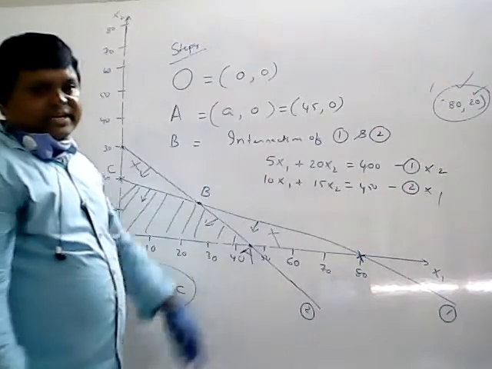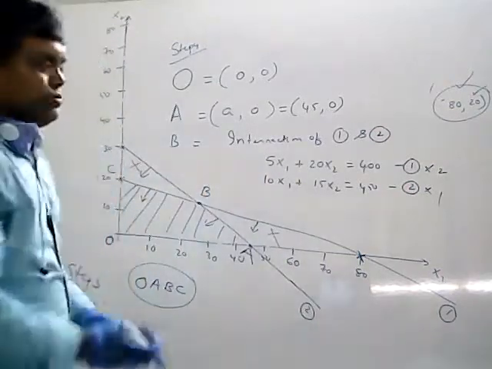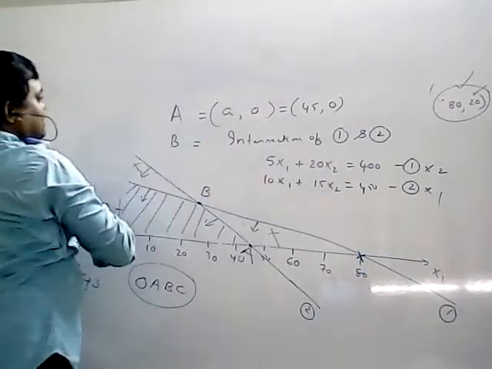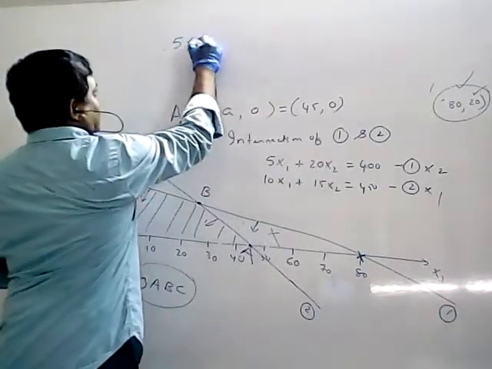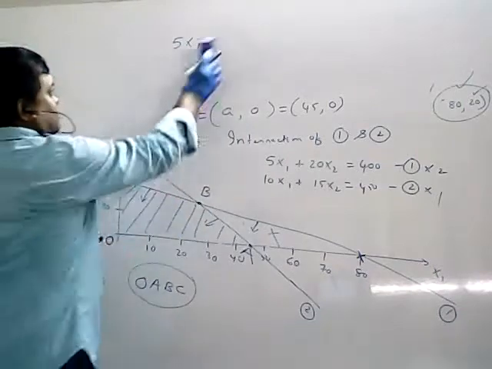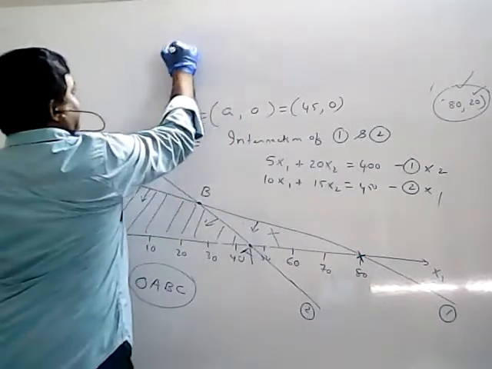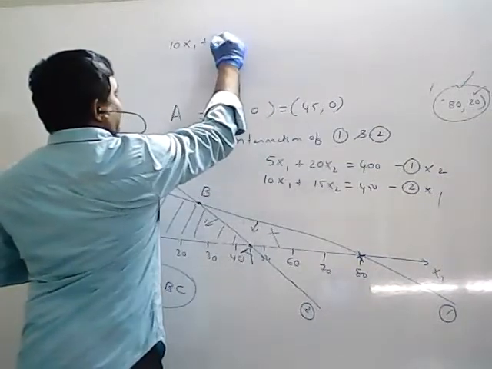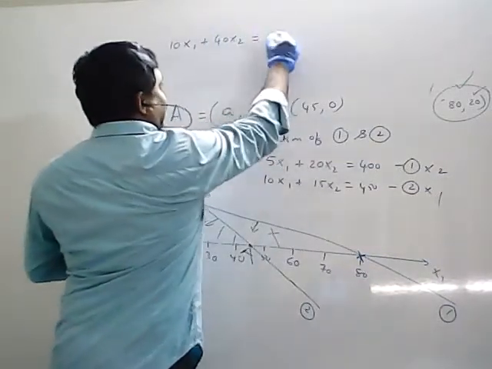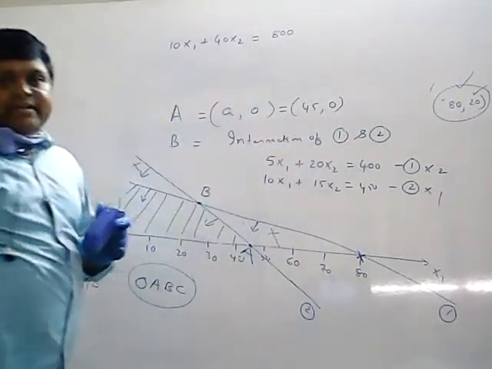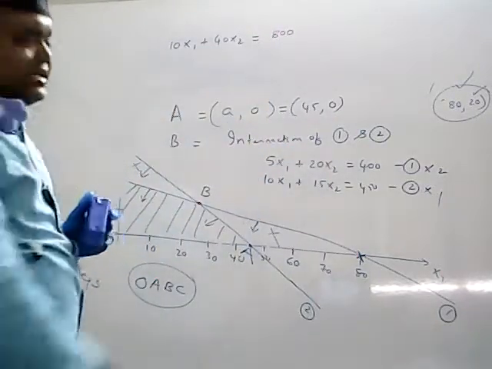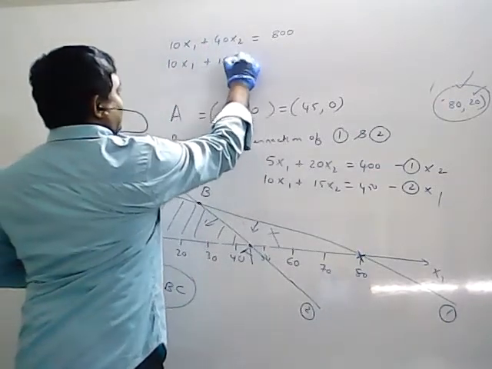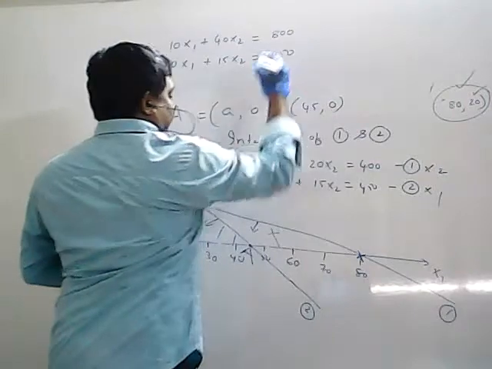So 10x1 plus 2 into 20, 40x2 is equal to 800. The second equation into 1 is the same equation: 10x1 plus 15x2 is equal to 450.